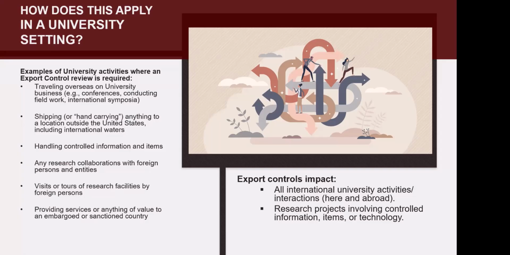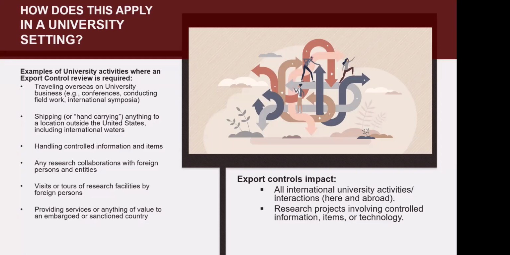So these are some examples of where an export control review is required from a university setting. So any international travel, so whether you're going to a conference, whether you're going to collaborate with someone, whether you're going to do field work for your IRB or your IACUC study, if you're traveling internationally, an export control review needs to be done.